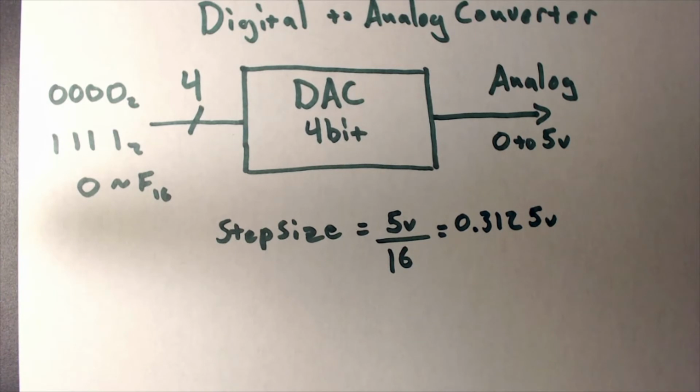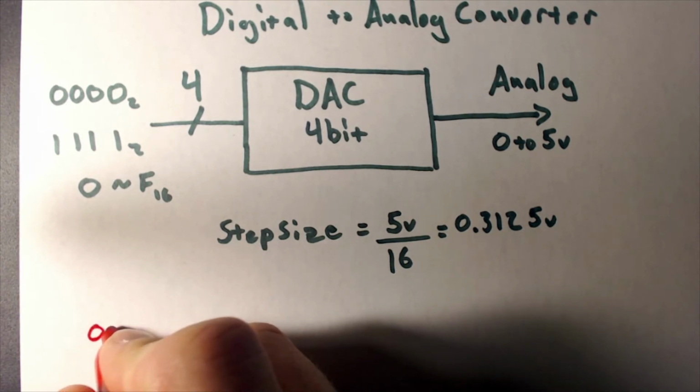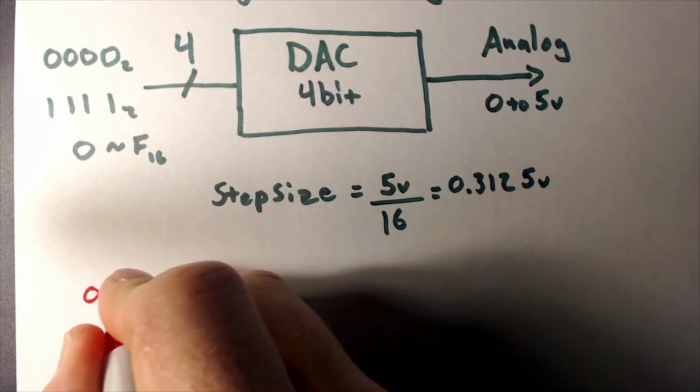Okay. So let's go ahead and do some examples of conversions. There we go. Let me grab my red marker. Let's say our input is 0, 0, 0, 0.